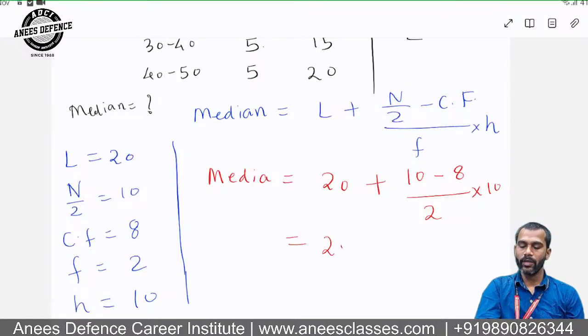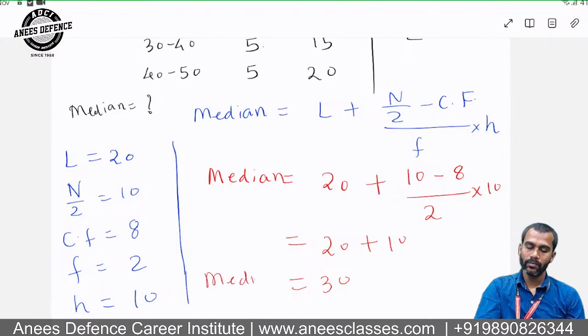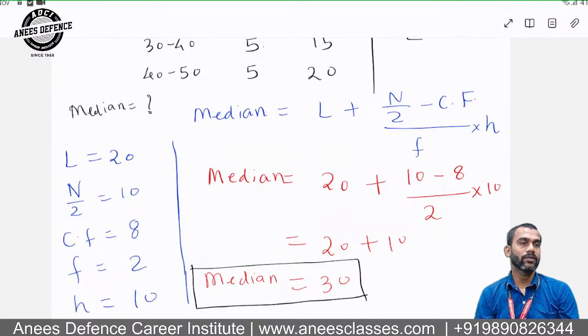So 20 plus 10, right? 2 and 2 will get cancelled. Answer is 30. So median is 30. I hope it is clear. Is there any doubt?